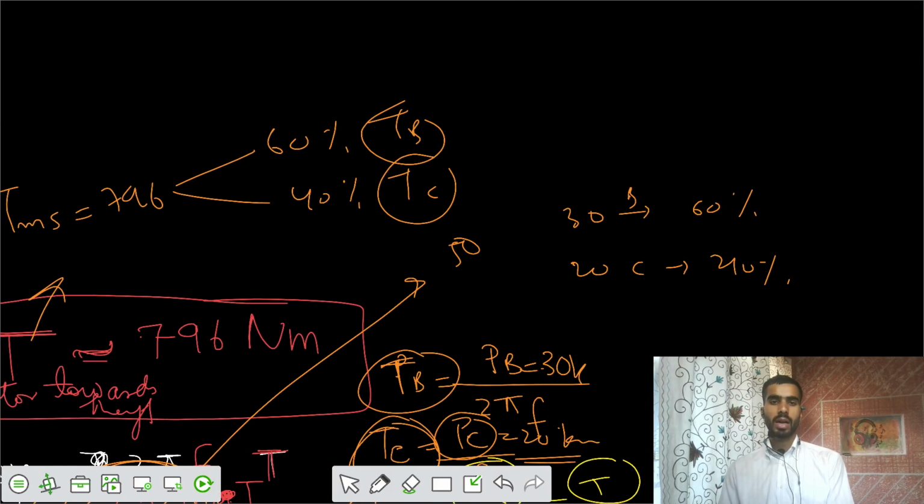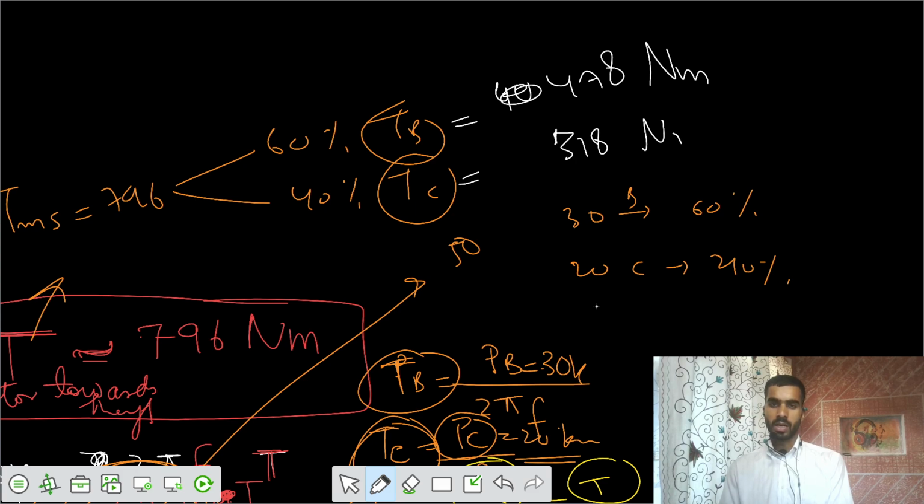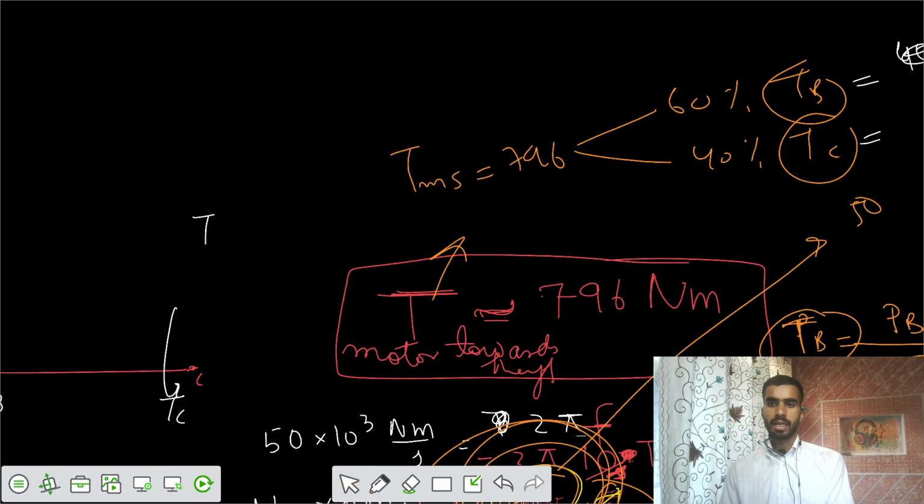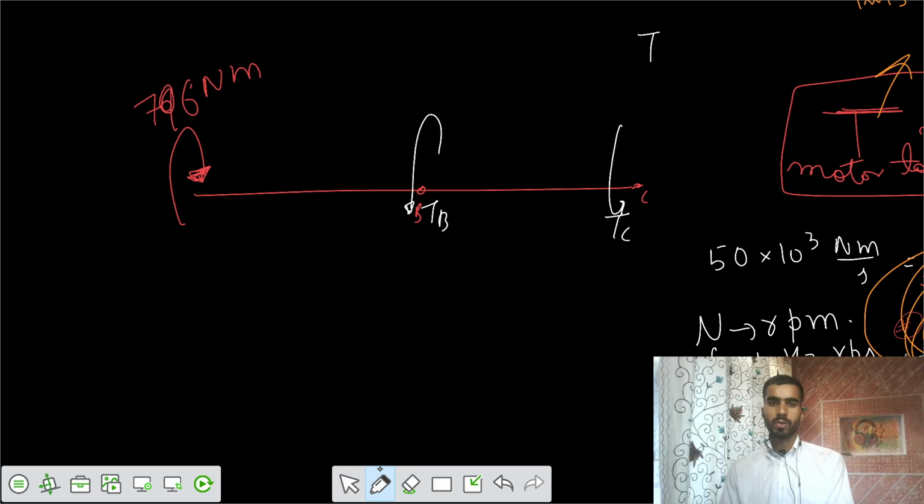Finally, the torque developed at B and at C is 478 Newton meter, let's approximate it, and the second one is 318 Newton meter. These are your approximate values, 478 and 318.